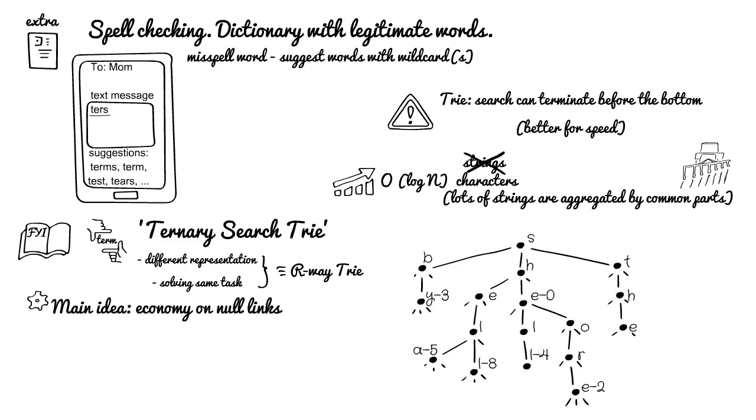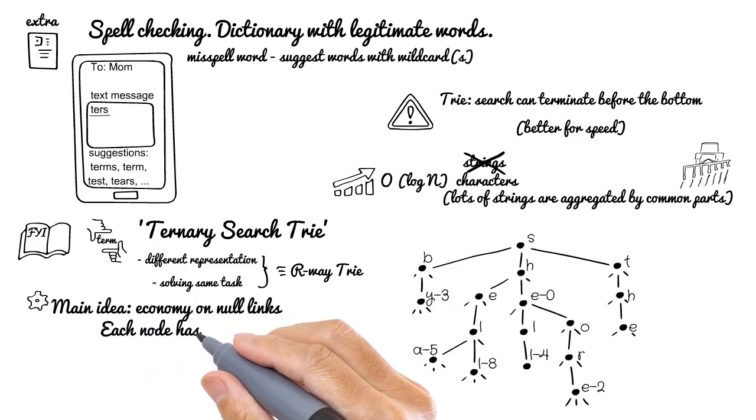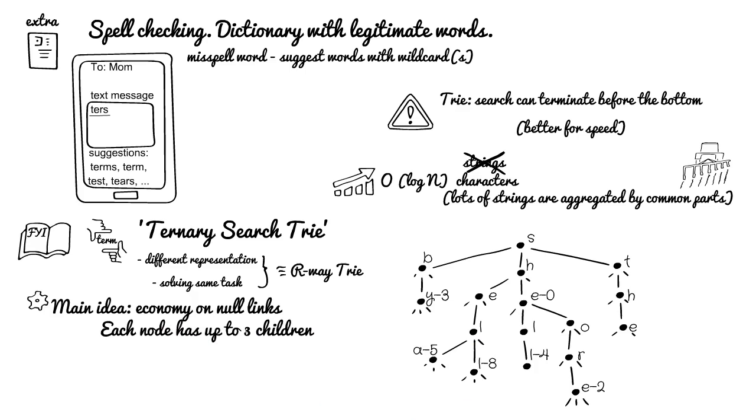Ternary search trie, TST, also has characters and values in nodes, but is implemented in a way that each node has just 3 children, with smaller characters on the left, equal in the middle, larger on the right. Not 26 children, as in our previous example. Each TST can have an equivalent representation as an R-way trie.